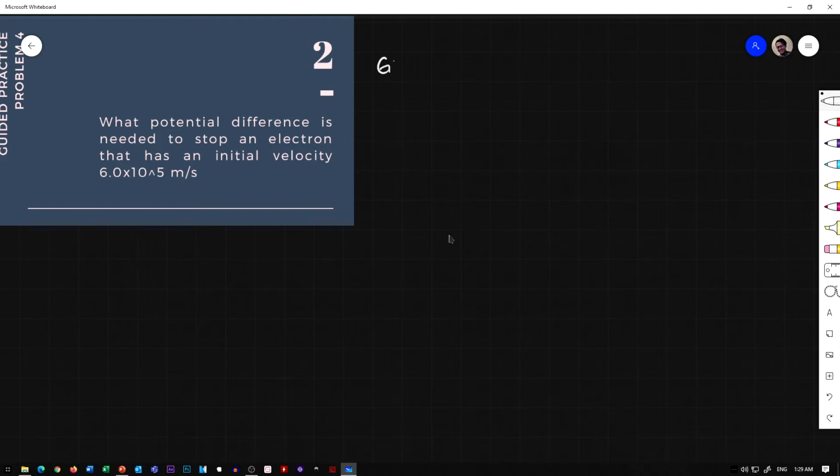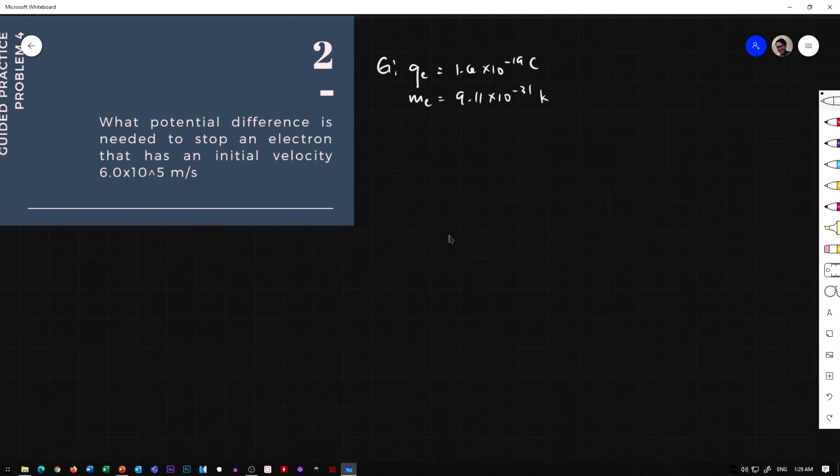For the given, we have an electron. I'm going to place the charge of the electron, Q sub E, maybe we will be needing it later. This is 1.6 times 10 raised to negative 19 coulombs. Then we have the mass of the electron, 9.11 times 10 raised to negative 31 kilograms.